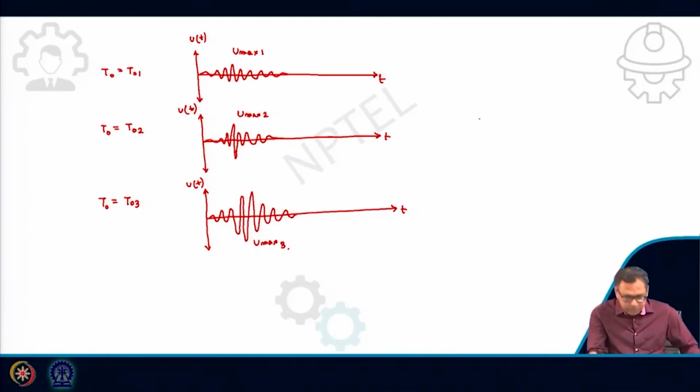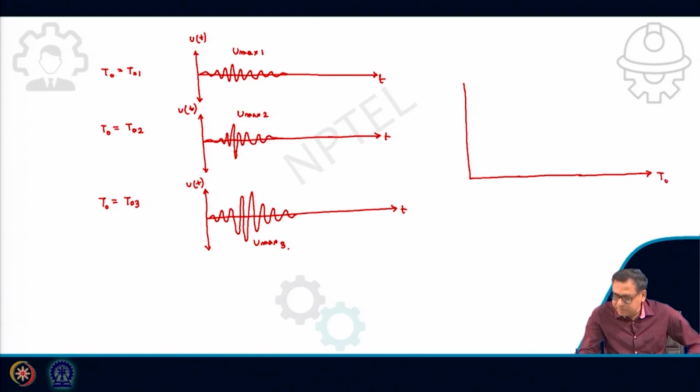Now I will plot this spectral displacement curve, which is D, with T0 or frequency. If you know the time period, you will get the frequency. Suppose this is my T01, this is T02, this is T03, and so on.